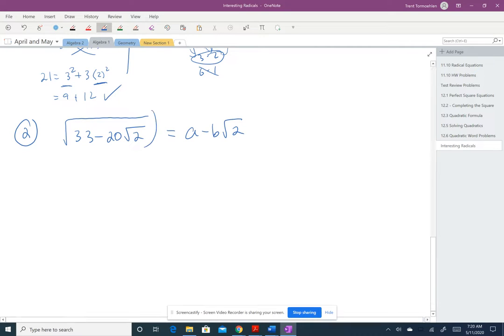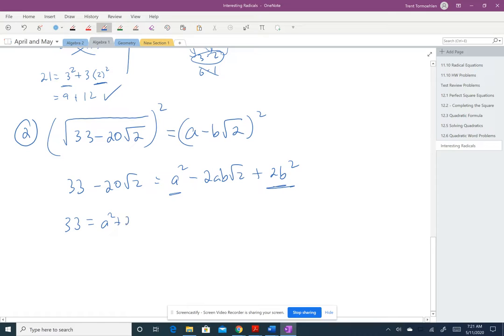And so if we square both sides like we did on the first problem, that gives me 33 minus 20 radical 2 equals a squared minus 2ab radical 2 plus 2b squared. So that means 33 must equal the non-radical 2 parts, and so that's these two. And then negative 20 radical 2 must equal negative 2ab root 2.